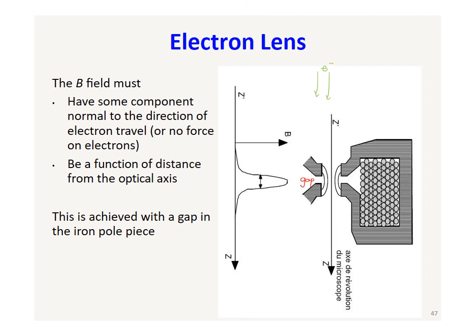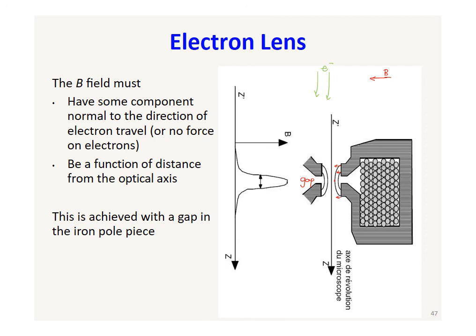Remember, our electrons need to feel a magnetic field that is perpendicular to the direction that they're traveling in order to experience a force. So if you can have a look at these magnetic fields here, you can see that the magnetic fields there on the edges near the iron pole piece have actually got quite a large horizontal component. Whereas here in the middle, there is no horizontal component at all. So the closer you are to the edge, the higher the horizontal component in the magnetic field.